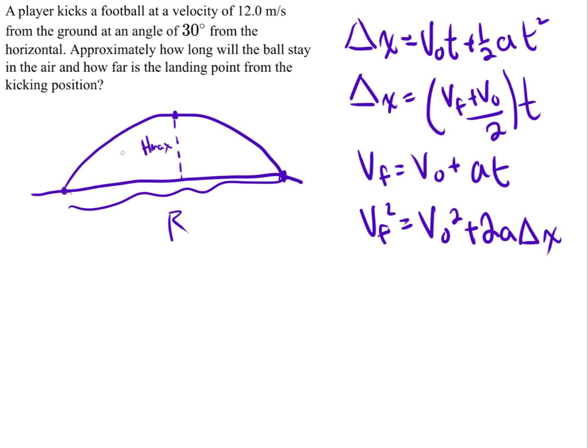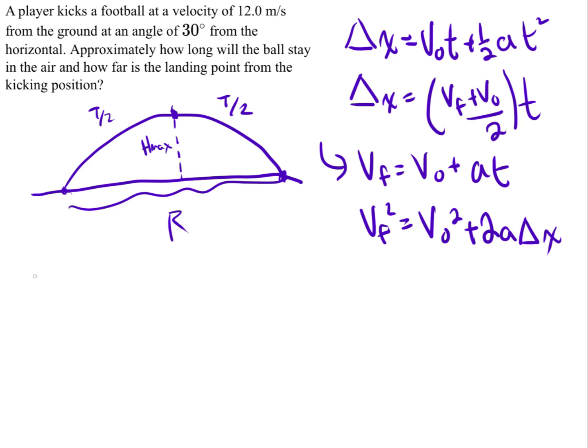So this will take time t over 2, since its maximum height occurs exactly halfway through its trajectory. Using that, we can use this equation to calculate the time it takes to get to this maximum height, and that will be half of the total time it takes for this projectile to move across the field. So you can just use this equation.